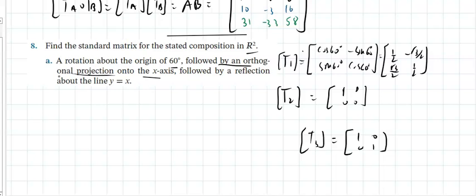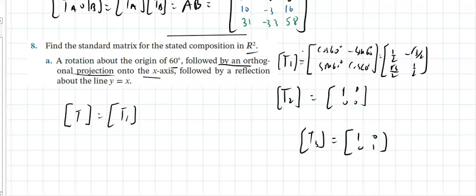So what do they want us to do here? Well, a rotation about the x-axis followed by a rotation about the y-axis. The total transformation will be transformation 1. Let me check.